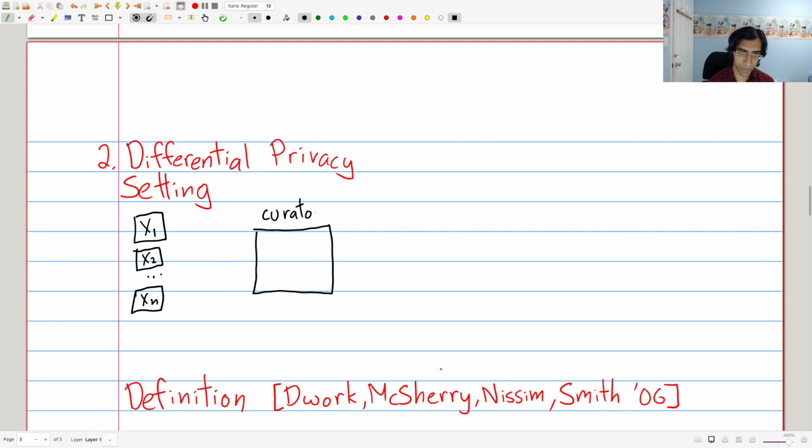Why do we call them the trusted curator? It's because they're trusted by the users, in the sense that user i doesn't want their data point to be shared with anyone except for the curator. They trust the curator, but no one else. So you can picture them sending their data here.